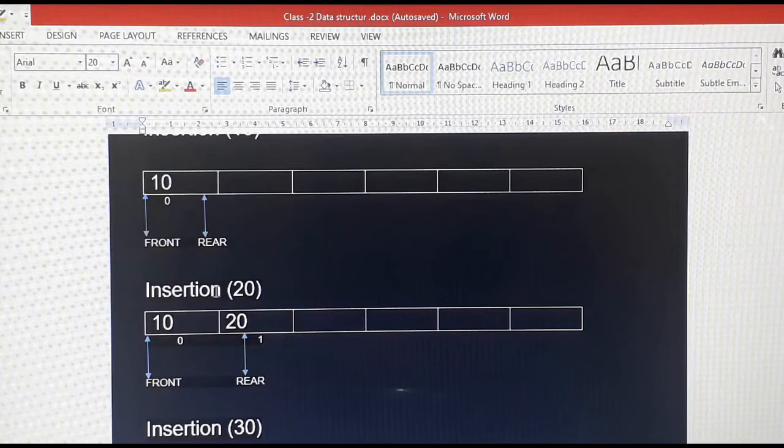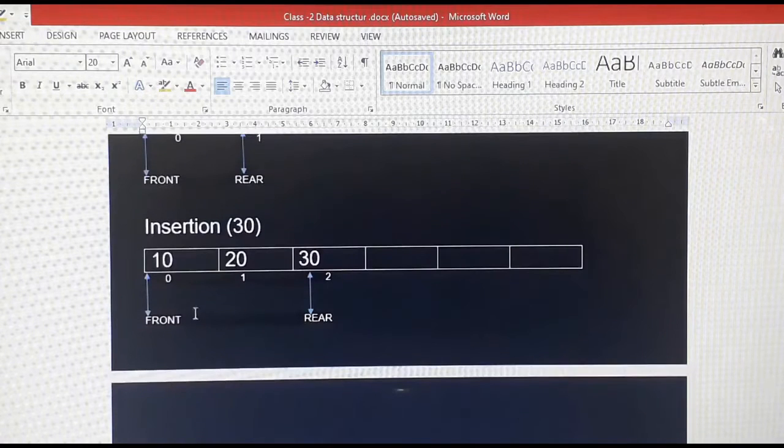Now I am going to insert one more element, 20. When 20 is inserted, only the rear pointer moves. The front pointer is waiting here itself. That means when you insert a new element into the queue, the rear pointer moves to the right and the front pointer stays at the first position.